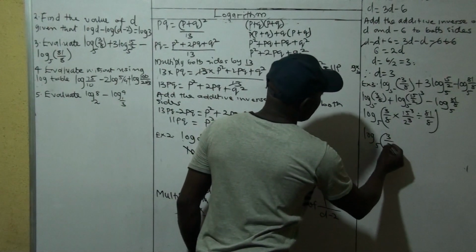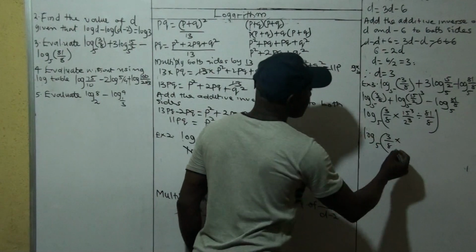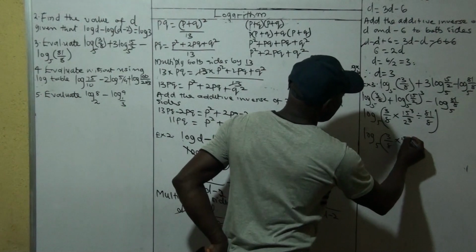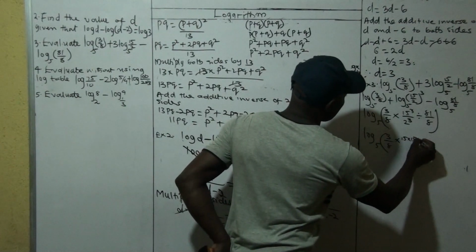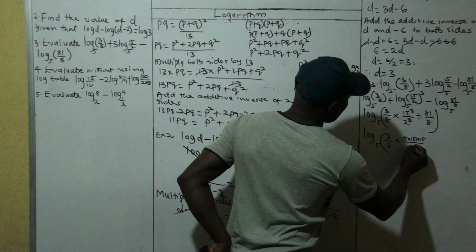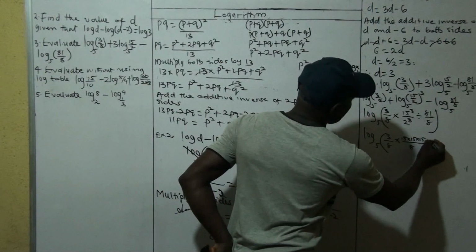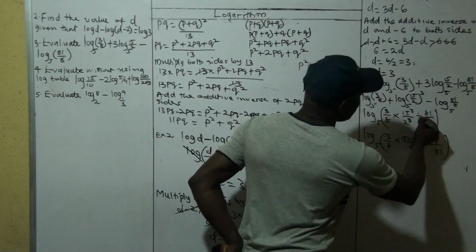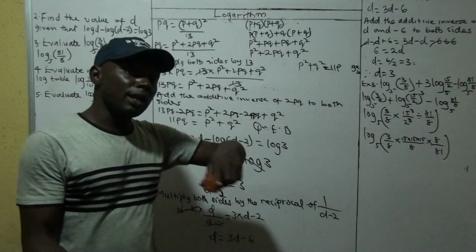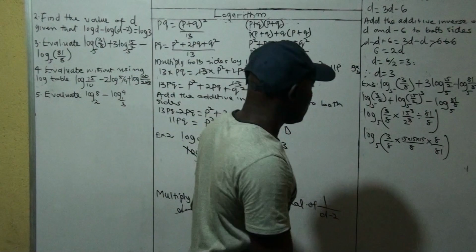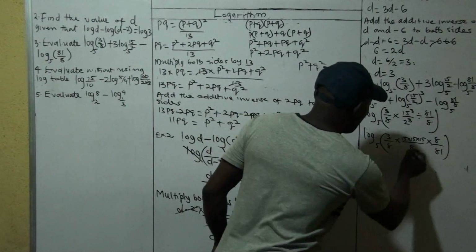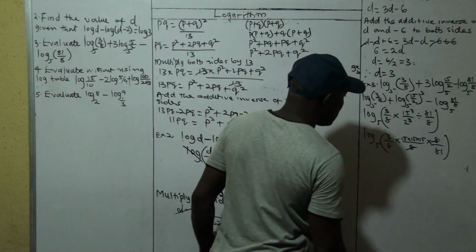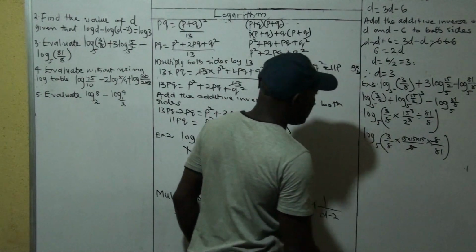We'll have 3 over 8 times 15 raised to power 3, that means 15 times 15 times 15, over 2 raised to power 3, which is 8. This one means times 8 over 81. So you change this division sign to multiplication, then you invert. So here 8 will go with 8 first, and we'll be left with this.